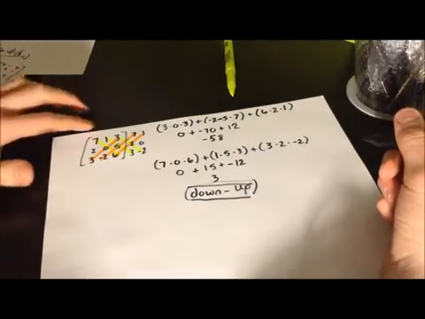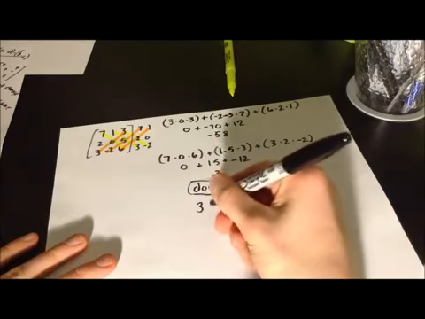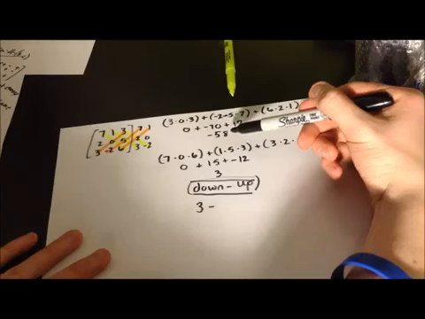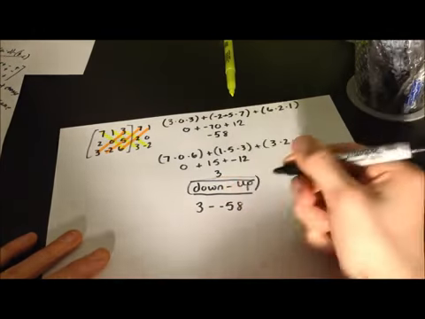We're going to take the down, which we just did, and that was 3. So we're going to do 3 minus our up, which was the orange, negative 58.